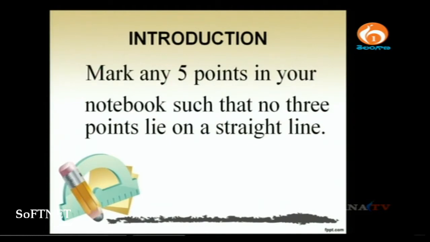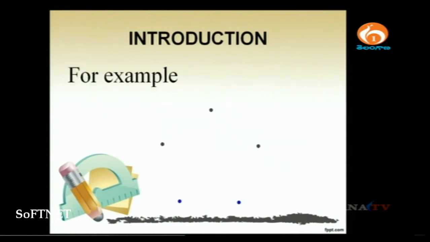Children, in your notebook, mark any 5 points such that no 3 points lie on a straight line. Are you doing that, children? For example, you have marked like this.